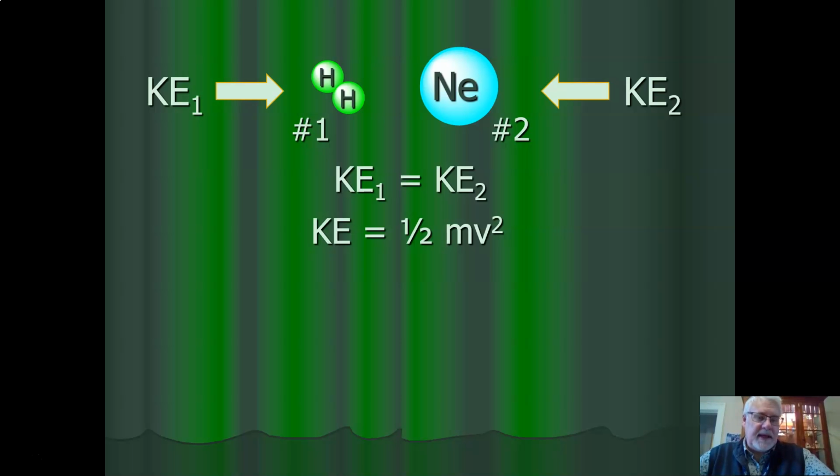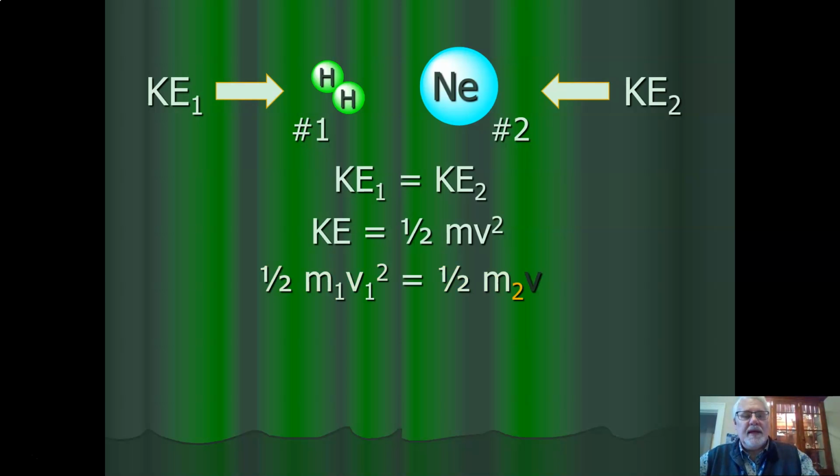So, remembering that kinetic energy equals 1/2 mv squared, we can substitute in on each side and say 1/2 m1v1 squared equals 1/2 m2v2 squared. And again, we're going to do a little bit of manipulation.